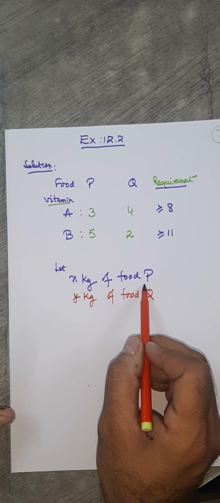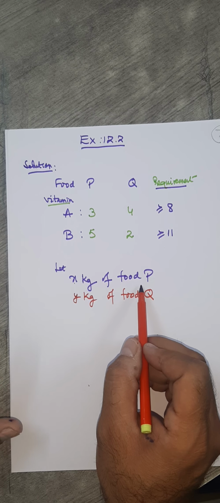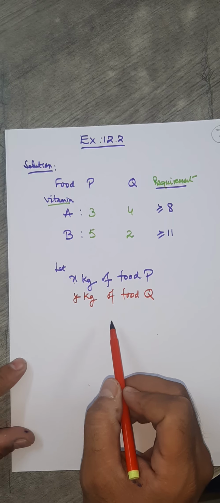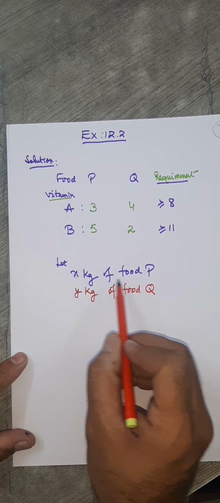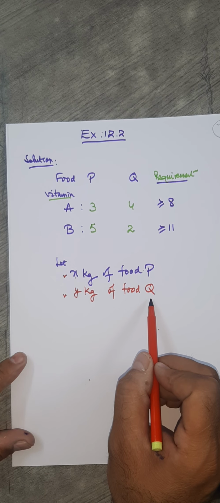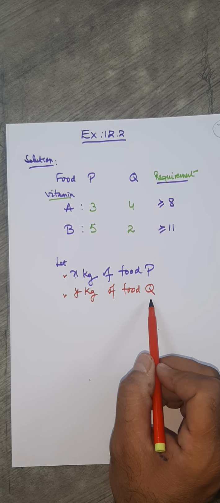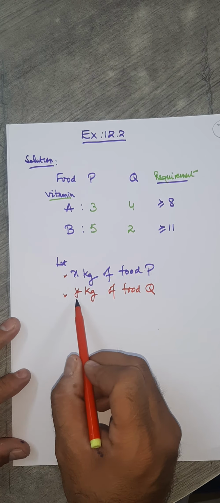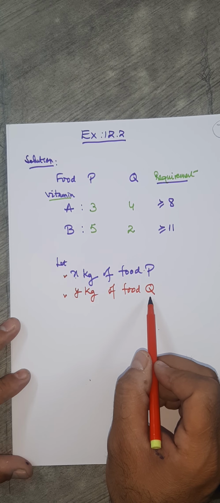Because you read the question: mix two types of the food P and Q. So we take one type as x, the other type as variable y. I've taken variable x for food P, variable y for food Q.